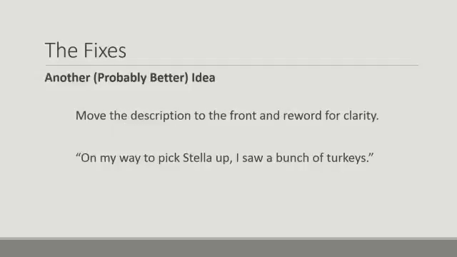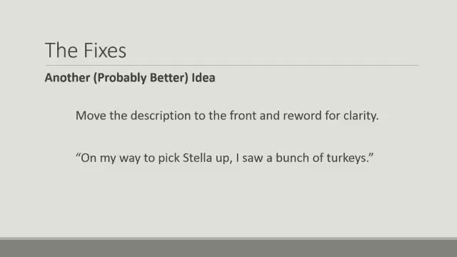I like this one better. So here again we're moving the description to the front of the sentence, but we're also going to reword for clarity. So I might change the front of that sentence a little bit and say, on my way to pick up Stella, or on my way to pick Stella up, I saw a bunch of turkeys. So now there's no ambiguity about this, right? We know exactly what I mean. On my way to pick Stella up, we know that this is modifying I, right?